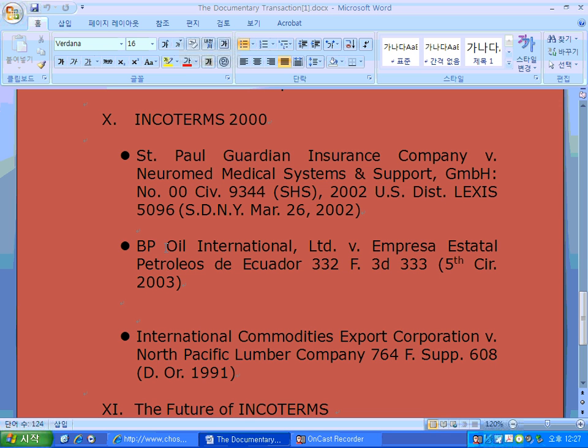According to the complaint, the MRI was loaded aboard the vessel of the carrier in good working order. So at the shipment place, the item was actually found good.